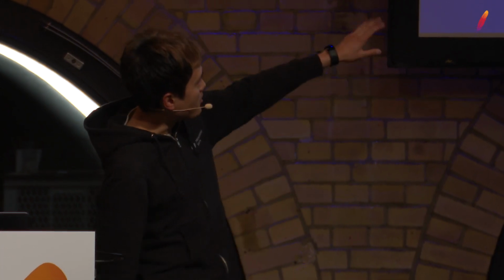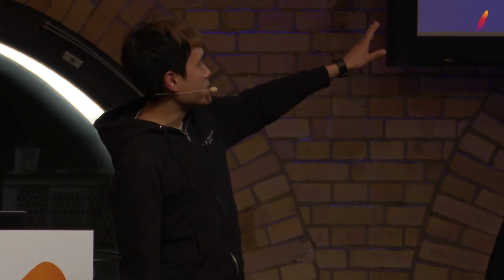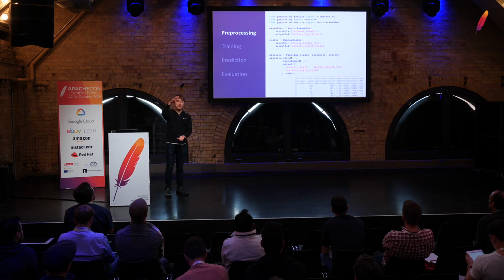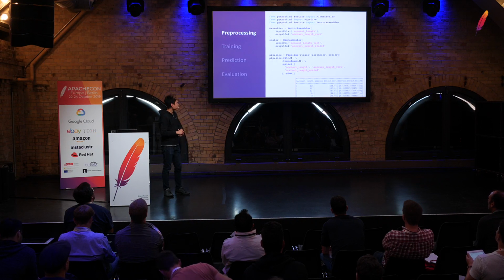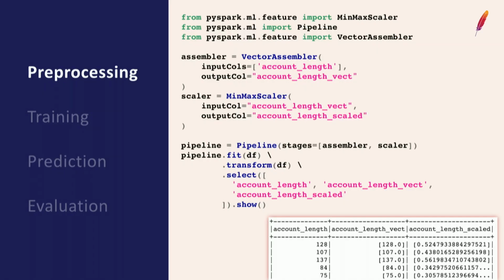So let's say, for example, I want to normalize the column called account length. In that case, PySpark provides multiple functions to realize that, for example, MinMaxScaler, which actually normalizes the entire value within a single column. And PySpark also provides a cool function called pipeline.